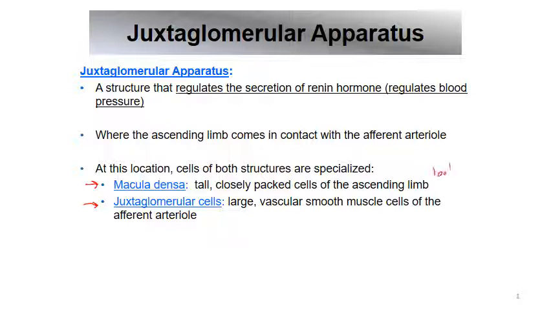So here, macula densa cells, these really look at the sodium concentration. And we're going to learn what that really refers to, but that's really looking at the osmotic pressure of the blood. Then the juxtaglomerular cells, these are looking at the blood pressure, and these are the ones that actually release the hormone called renin.